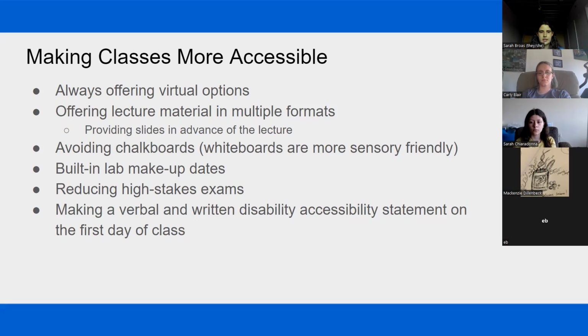So always offering a textbook will cover the reading way of accessibility. Always having a lecture format instead of just a textbook, so physically lecturing, will cover your auditory way of accessibility. And then your visual way is having slides, diagrams, pictures.